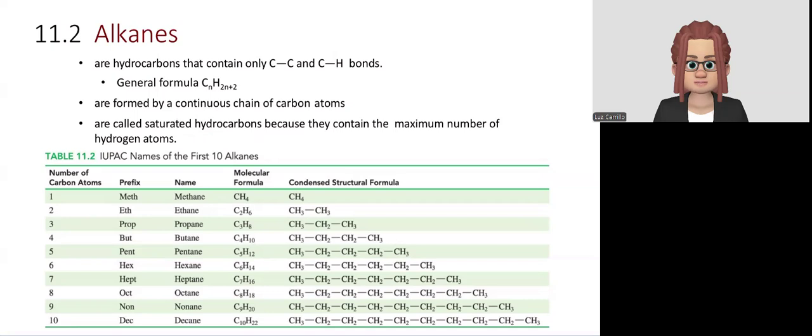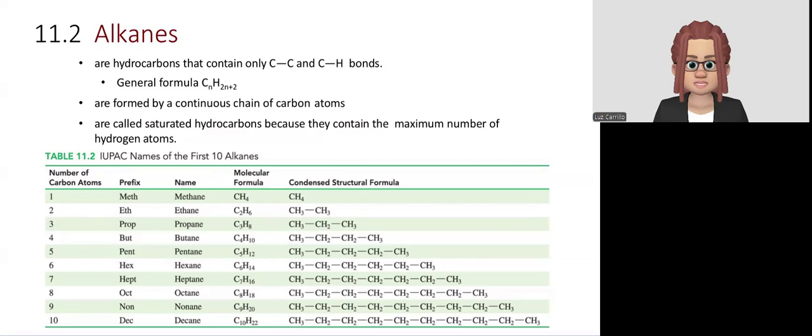Table 11.2 represents the systematic name, or what is called the IUPAC name, based on the agency that determines the names for organic compounds, for the first 10 alkanes. It is essential when we're learning organic chemistry that out of this table, you understand the prefixes that are assigned for the number of atoms.